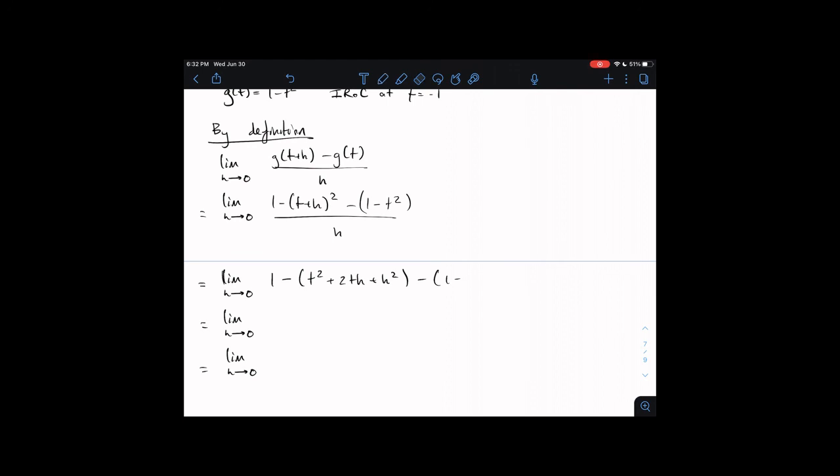Well, we can distribute this now. So distribute that negative. And now we're going to distribute the first negative. So we have 1 minus t squared minus 2th minus h squared minus 1 plus t squared all over h.